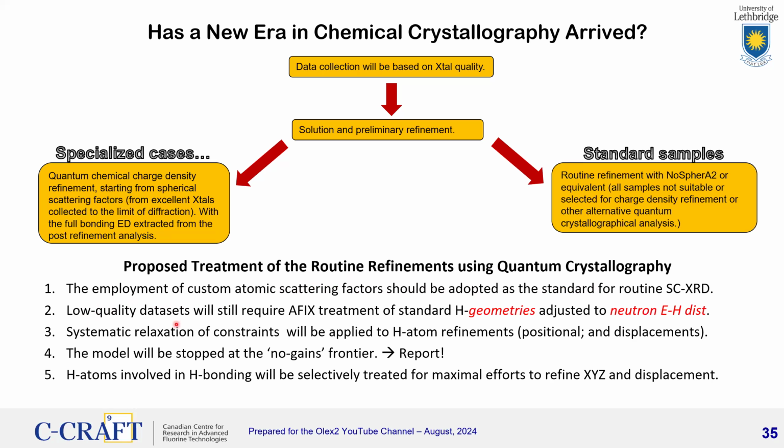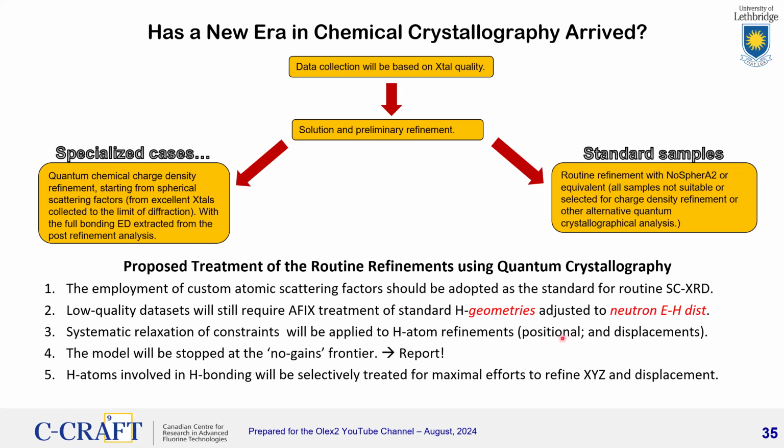For low quality data sets, you will still have to retain the A-fix treatments for standard hydrogen geometry so that the methyl groups don't get wonky, for example. However, you must adjust the distances within the A-fix parameters to those for neutron data that makes the structure compatible with NoSpherA2. Once you've done that, you can then explore systematic relaxation of constraints.